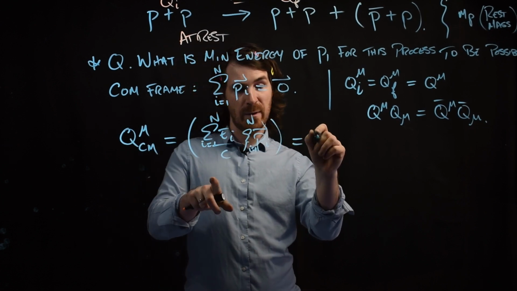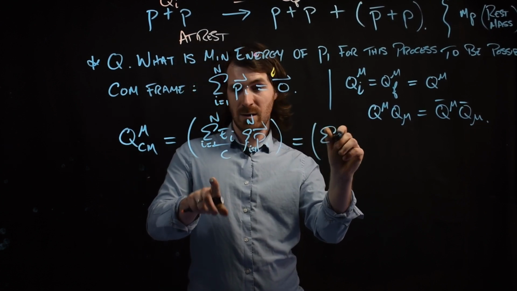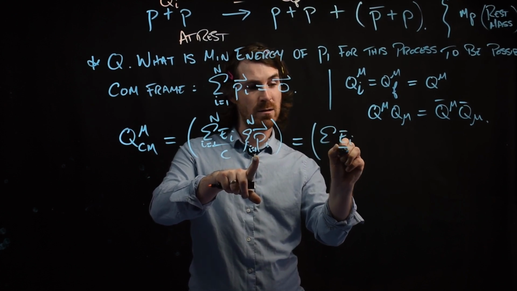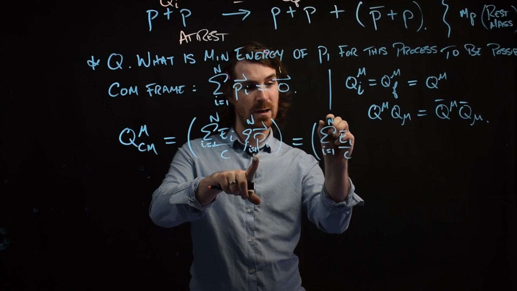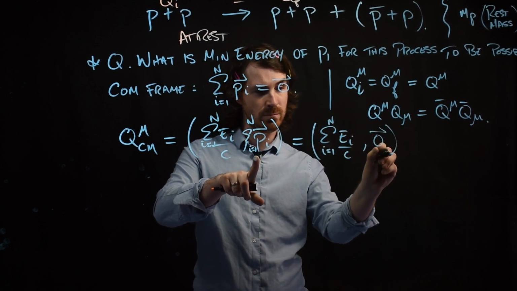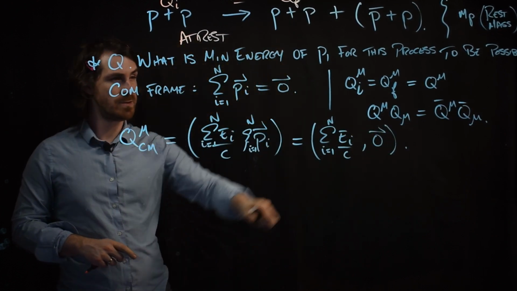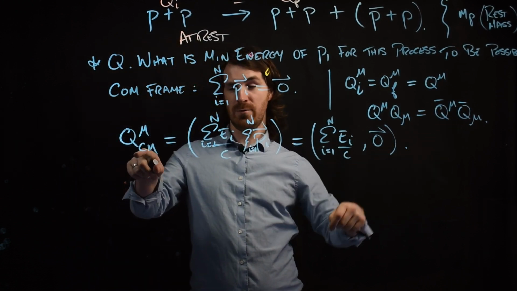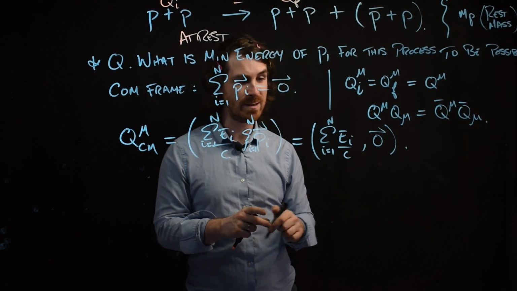In the center of momentum frame, this p_i sum just goes to 0. So we've got the sum of E_i over c, i equals 1 to n, and 0. And because this is 0, this means we can calculate the length of this easily.